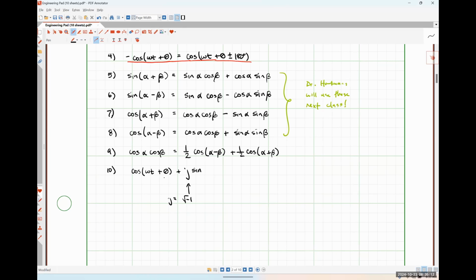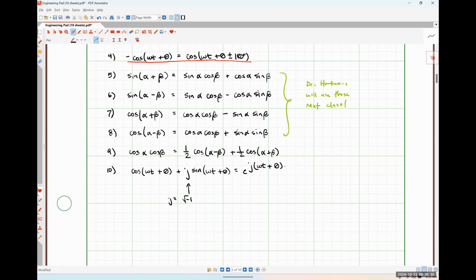So cosine omega t plus theta plus j times the sine of omega t plus theta is equal to e to the j omega t plus theta.